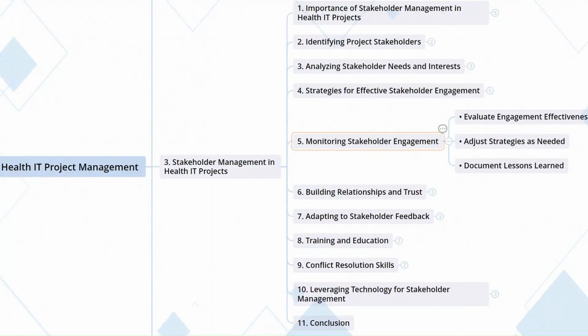In conclusion, effective stakeholder management is essential for the success of health IT projects. By recognizing the diverse needs and interests of project stakeholders, health IT professionals can foster collaboration and strong relationships that are essential for driving projects to successful completion.